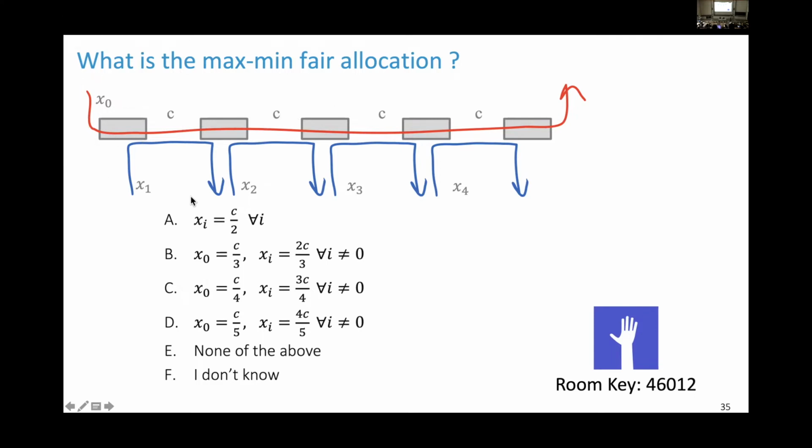We have 4 flows of type blue, each using only 1 link and sending at rates X1, X2, X3, and X4. Here I'm showing you 4 allocations, and I'm asking which of these is the unique max-min fair allocation in this network setting. I invite you to join and speak up in this room here.